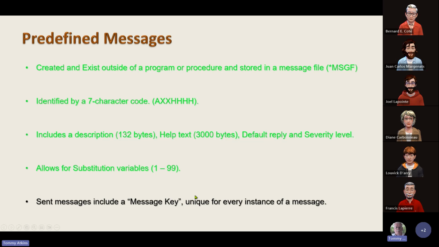So even if I send the same message repeatedly with different variables, each send of that message may have the same message identifier, but it has a unique message key. So you can always refer to a specific instance of the same message. This is important to understand.